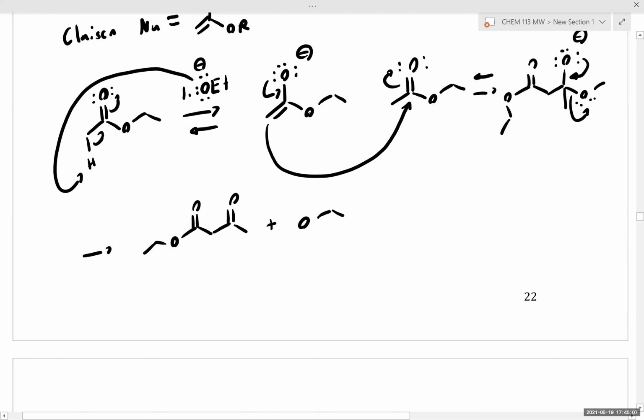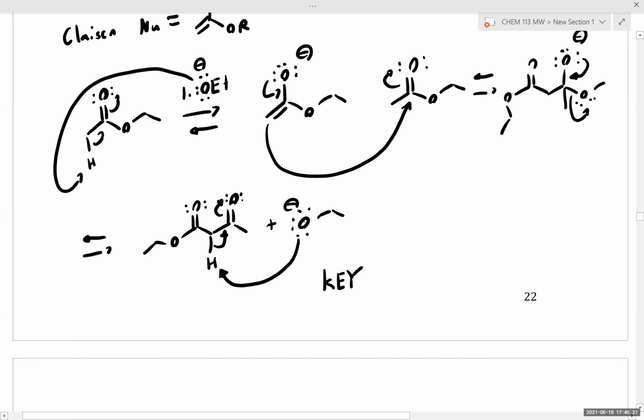Now, when we kick out ethoxide, we're going to get to the very important key step of the Claisen condensation. Every step up to this point is reversible, but this next step prevents this reaction from undergoing retro-Claisen processes. This next step drives the equilibrium towards the product and is non-reversible.